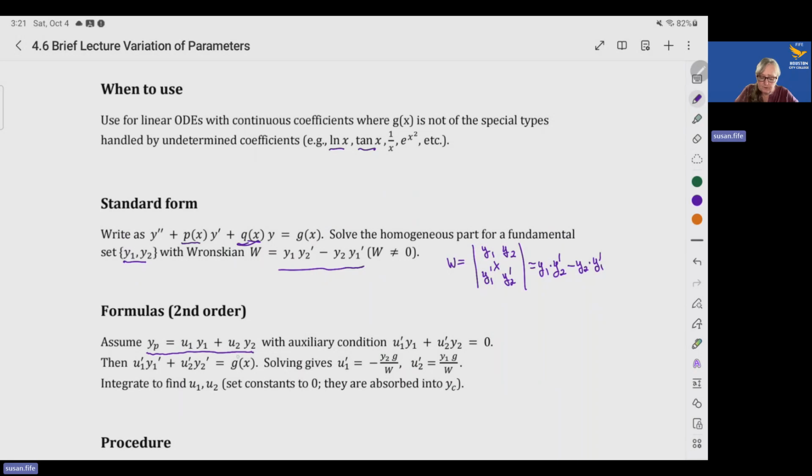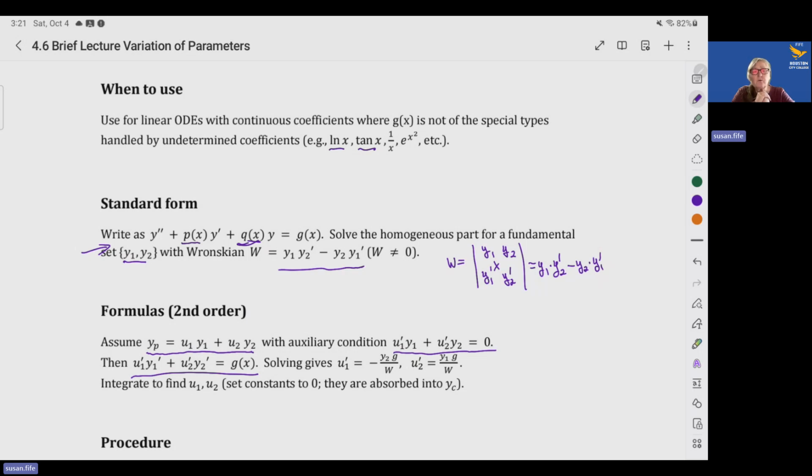When you substitute this into the standard form of the equation, two equations come out. This first one, u1 prime y1 plus u2 prime y2 equals 0. And the second one, u1 prime y1 prime plus u2 prime y2 prime equals g of x.